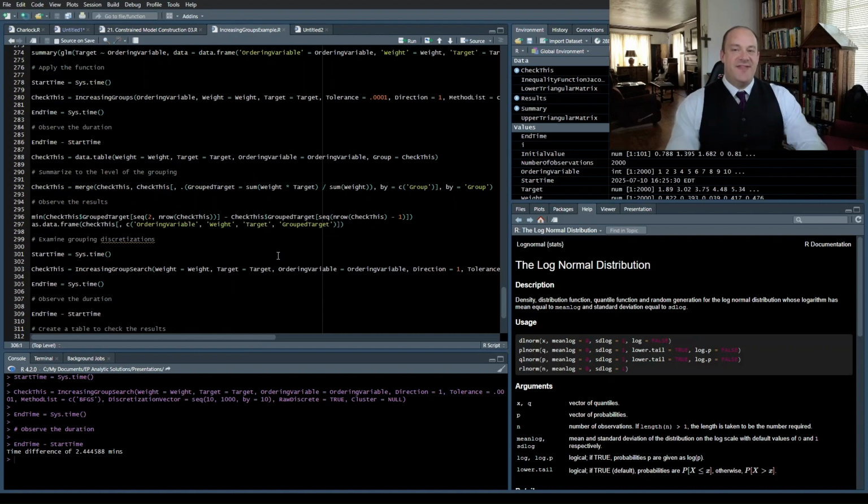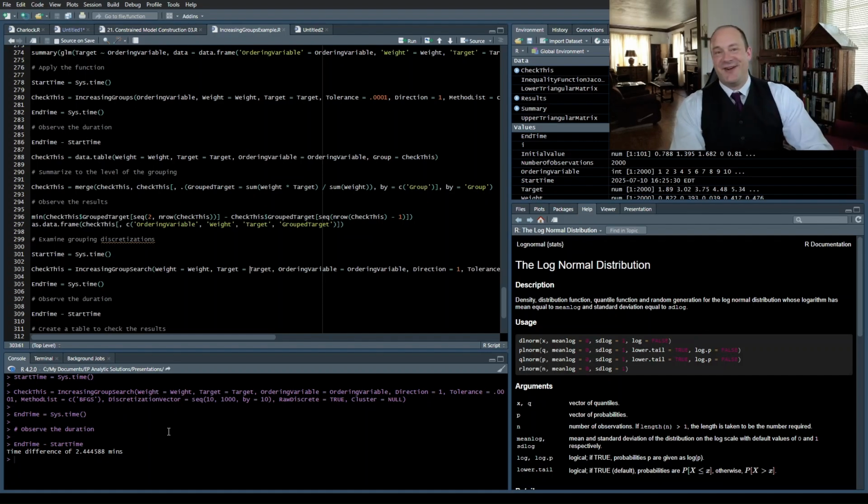And so that's the reason speed matters, because it allows you to explore all sorts of ways that you might try to wrestle these functions to get increasing groups from them. And because we were able to do it so quickly, we were able to group 2,000 observations 102 times in only 2.5 minutes.